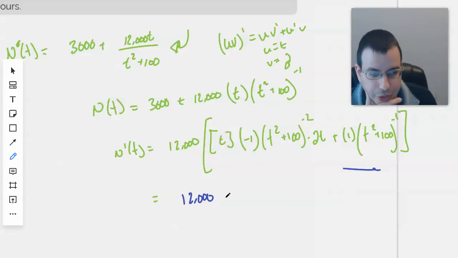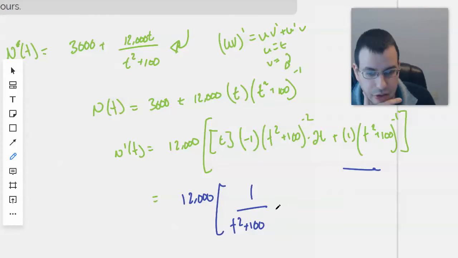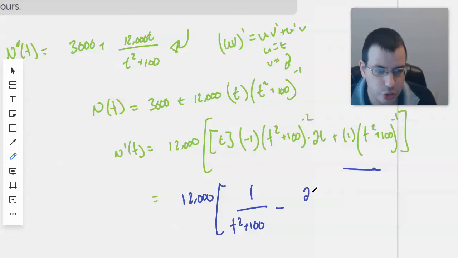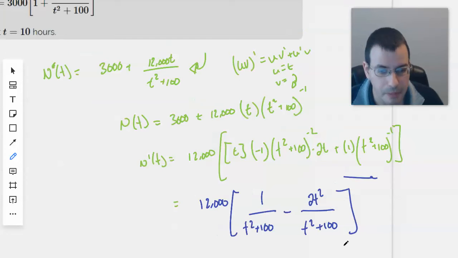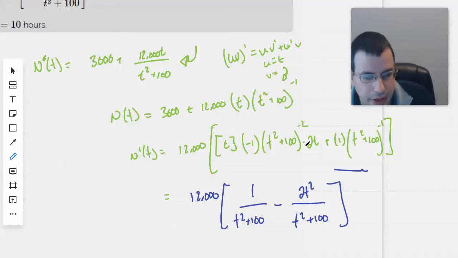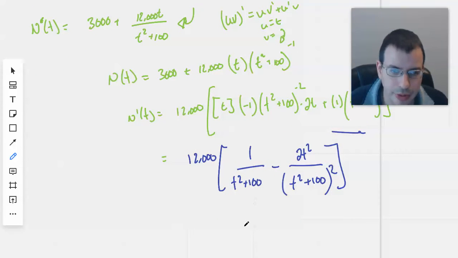So we'll do 1 over t squared plus 100, minus, let's see, it looks like 2t squared over t squared plus 100, and this should be squared. Okay?